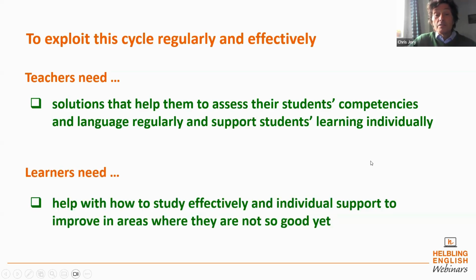And learners need help with tips about how to study effectively. So not doing underlining and rereading, but practice testing and distributed practice being the most effective. But then also individual support and advice in the areas where maybe they're not quite so good yet, and they need help and support to get better.